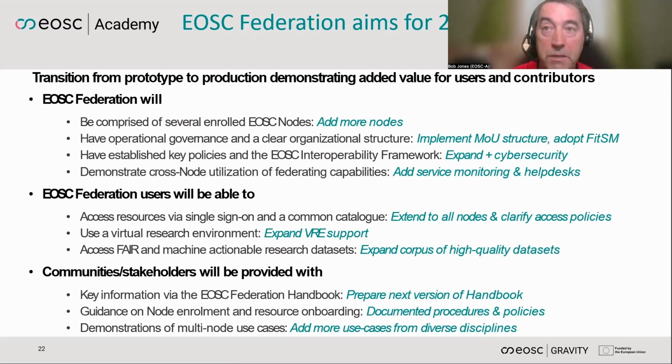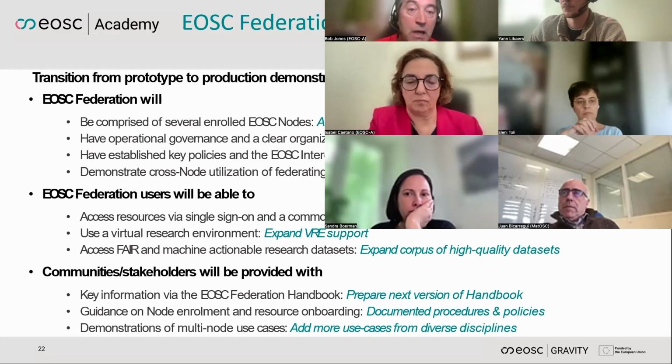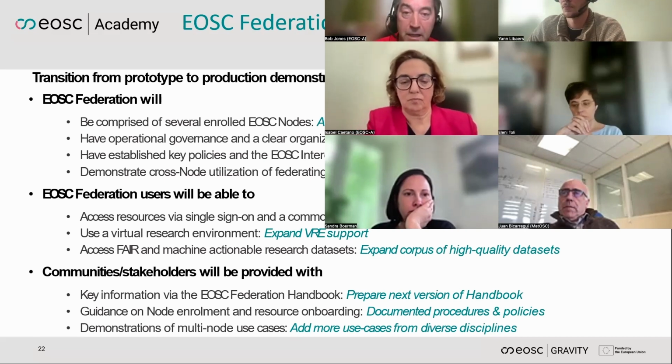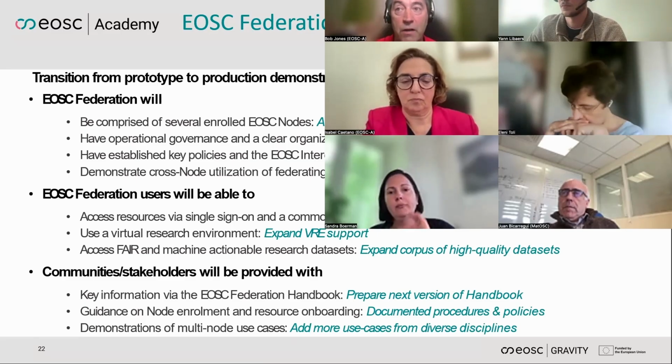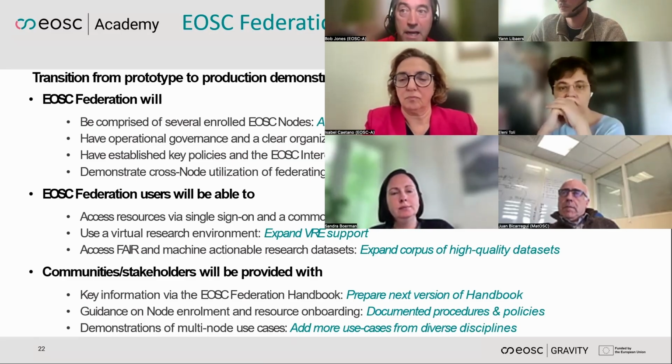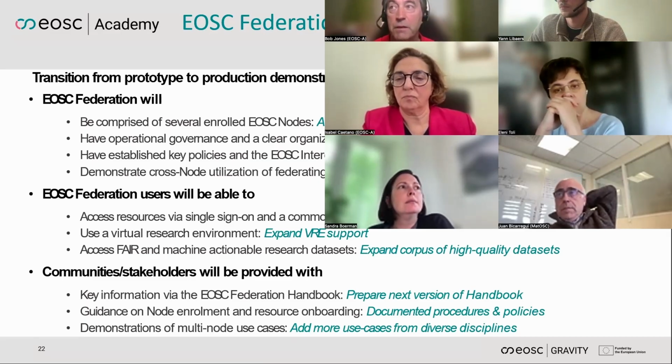So again, updates to the handbook, better guidance on the node enrollment and resource onboarding. That is happening now with the second wave of nodes, which we'll come to in a few minutes. The information available to them is already more complete and more detailed compared to what was available for the first wave of nodes. And more use cases are coming, as I've mentioned already, from a diverse set of disciplines.